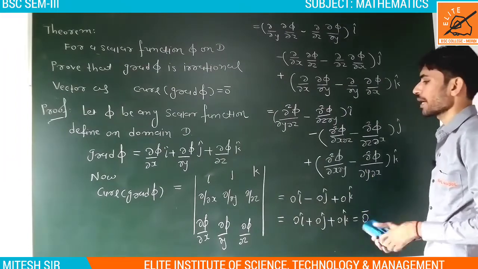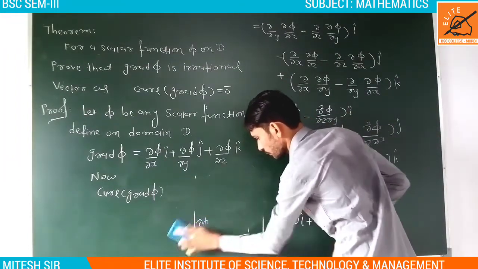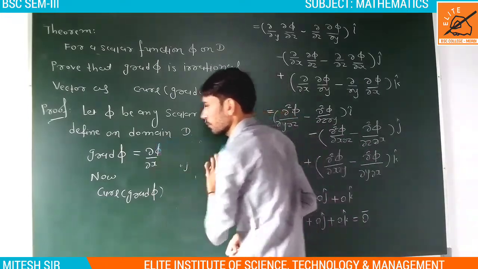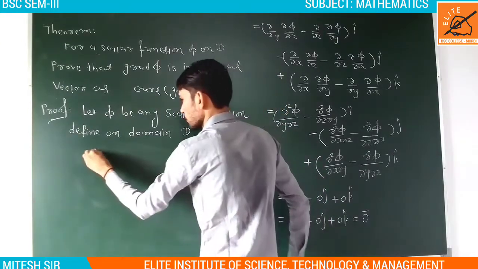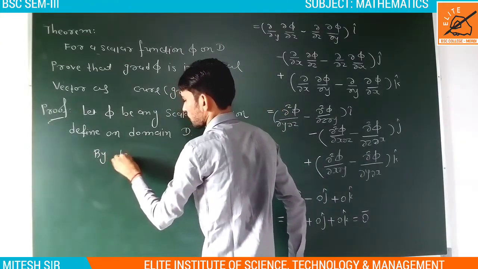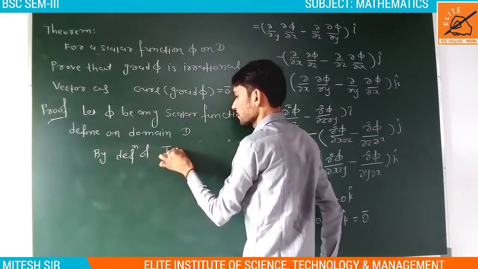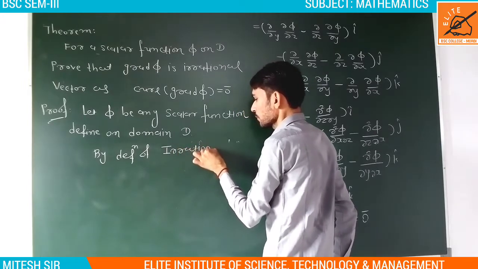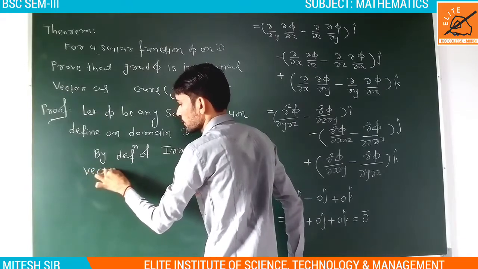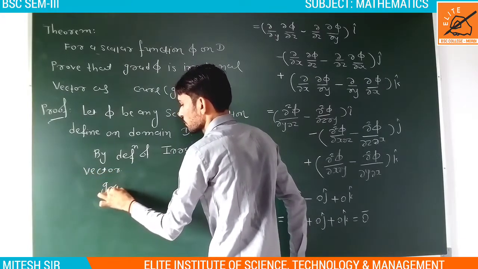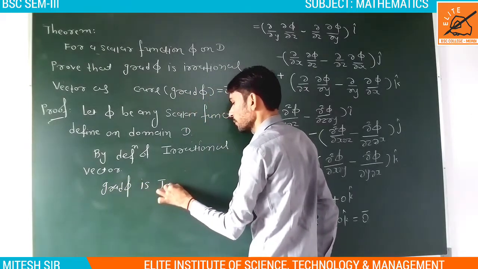So here we write, by definition of irrotational vector, gradient phi is irrotational vector.